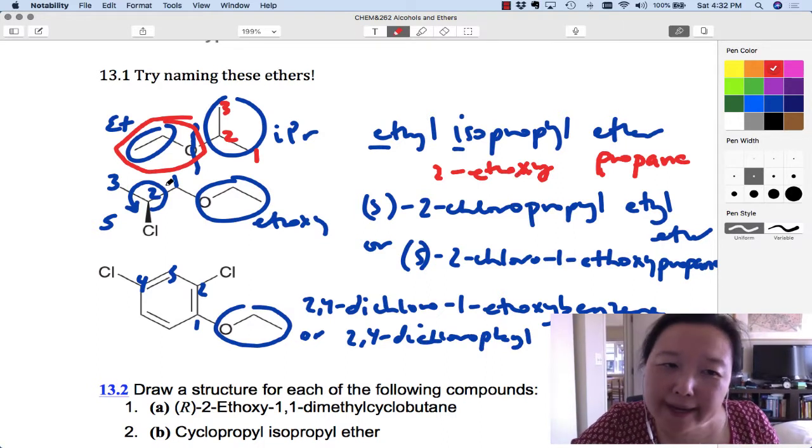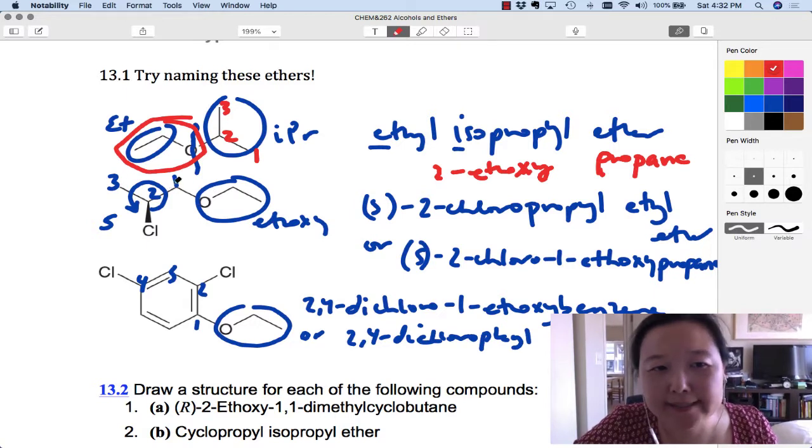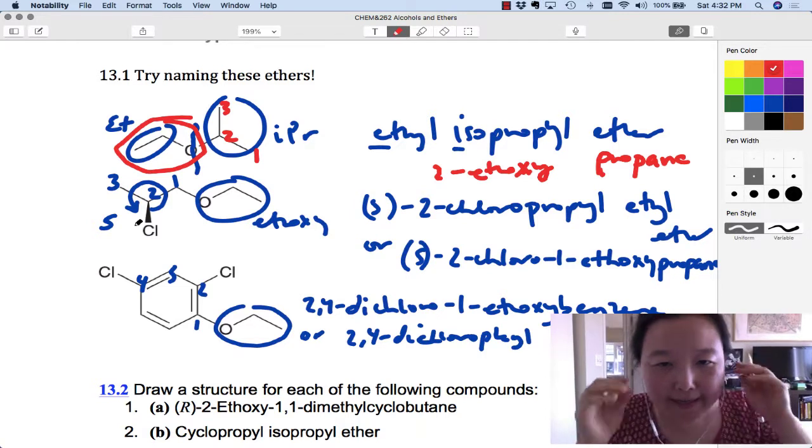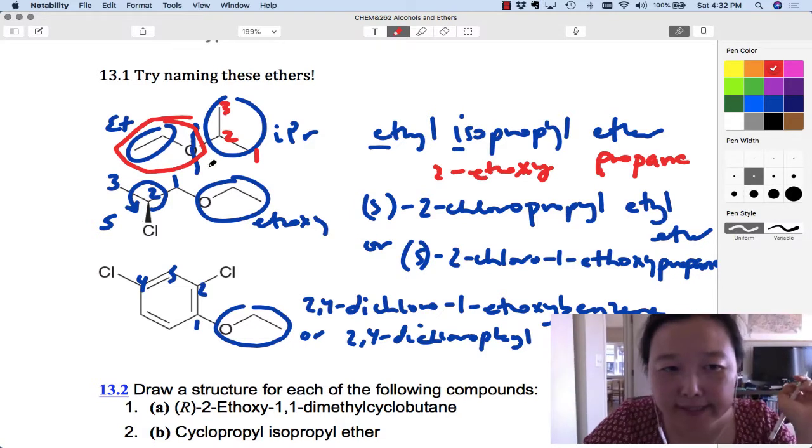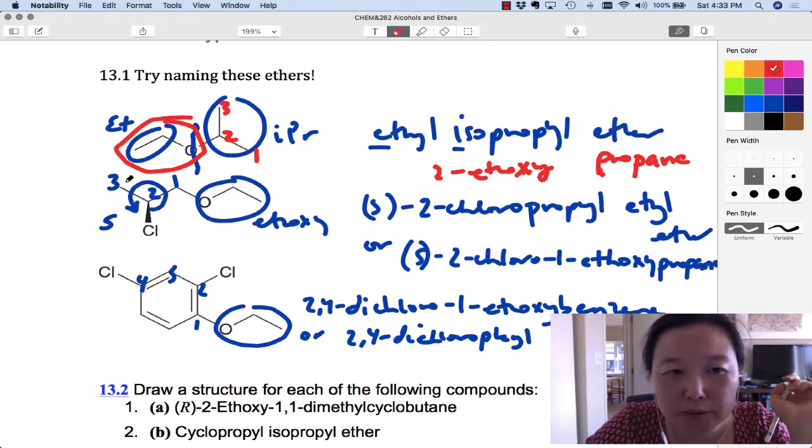For the second one, I like to call this ethoxy just because it's easier with a little bit more complication with the stereocenter here. So this is an S stereogenic center. So this is 1, 2, 3 priority. So it's going counterclockwise with number 4 in the back.